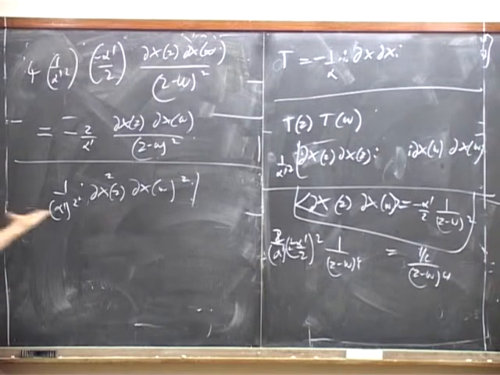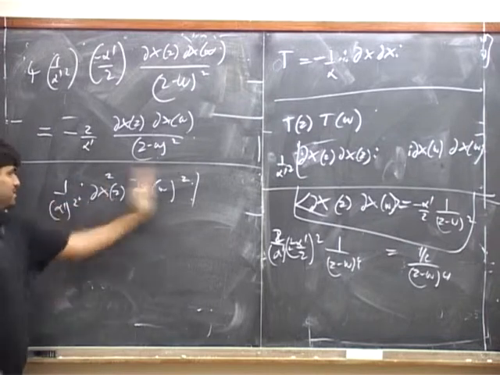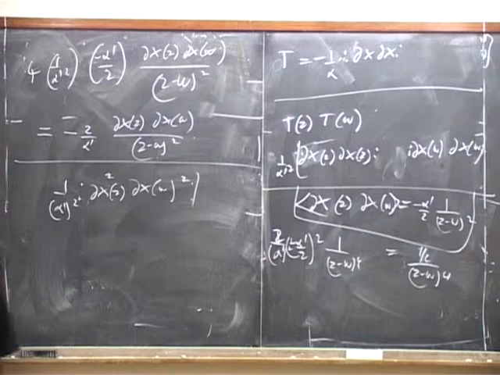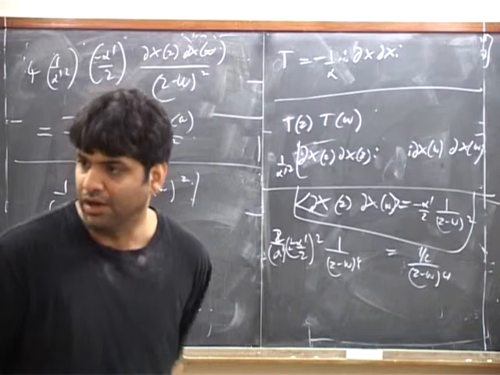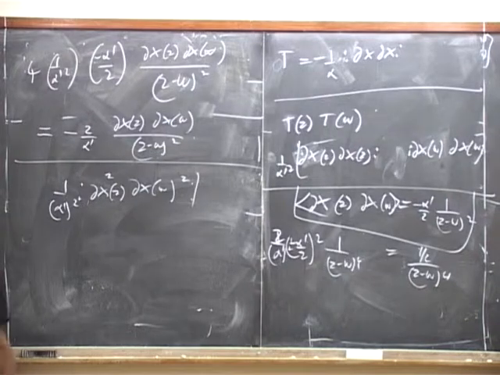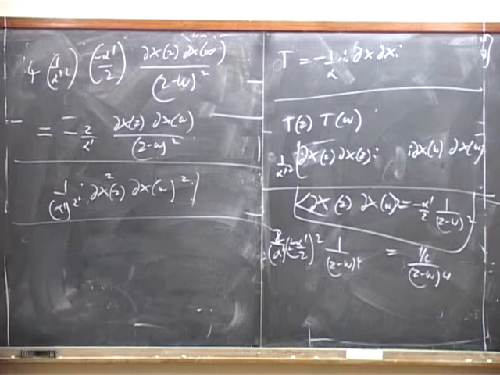This term can have no singularities because this normal order operator product is genuinely analytic in the insertion points of the operators. Good. So we've already identified all terms that can give us singularities.